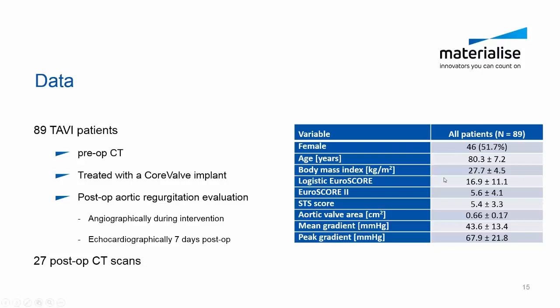They are not recommended for surgery, which can be derived from these scores, and they have a severe aortic valve condition. So the functioning of the aortic valve is actually threatening their life.